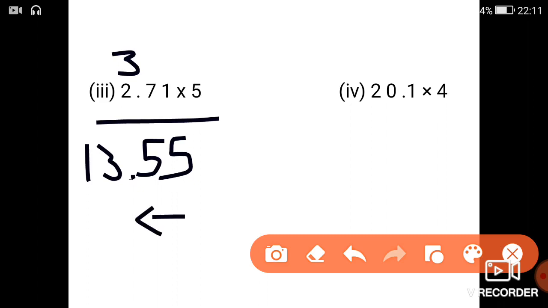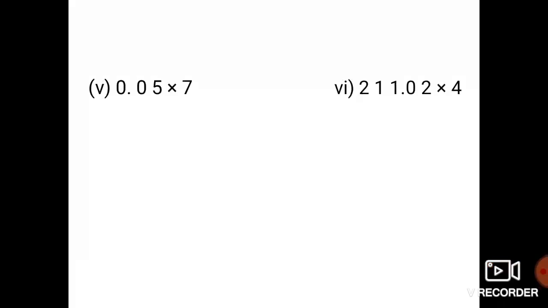So follow the arrow mark. So it is 13.55. Next, fourth problem, 20.1 into 4. So 4 1s are 4, 4 zeros are 0, 4 2s are 8. So here after the decimal point we have only 1 digit. So it is 80.4. Fifth problem, 0.05 into 7.